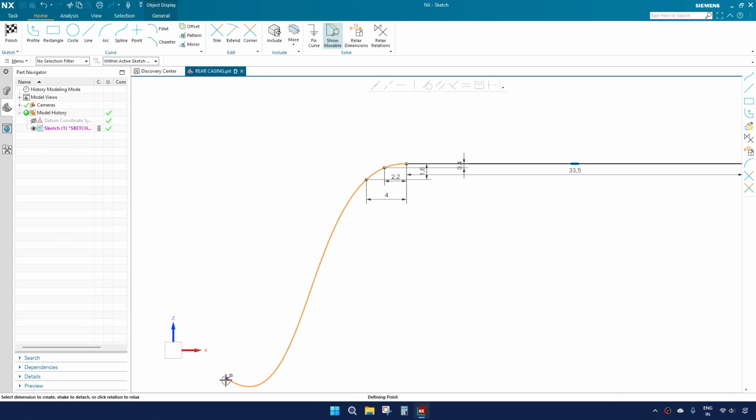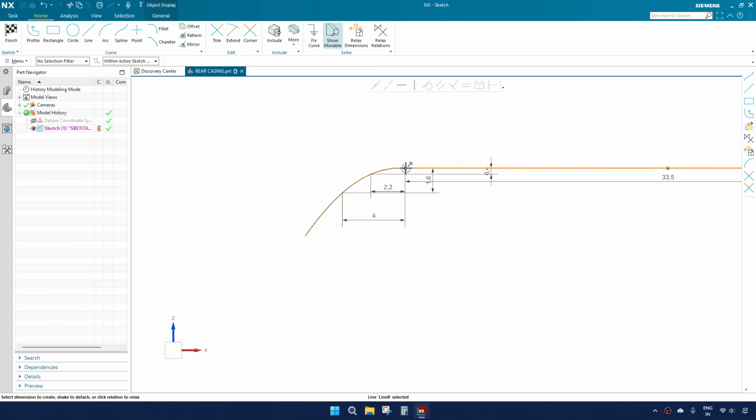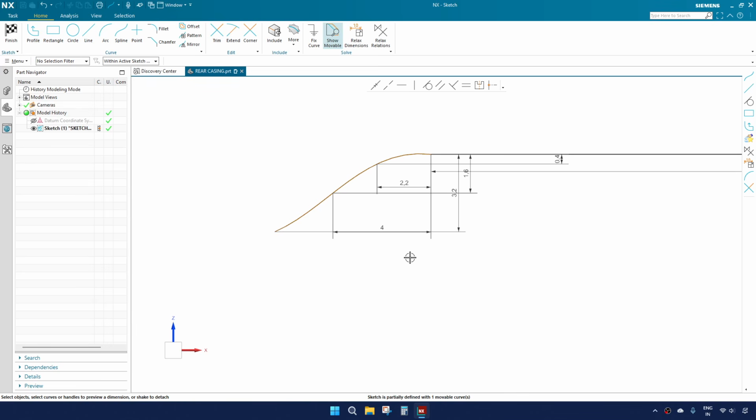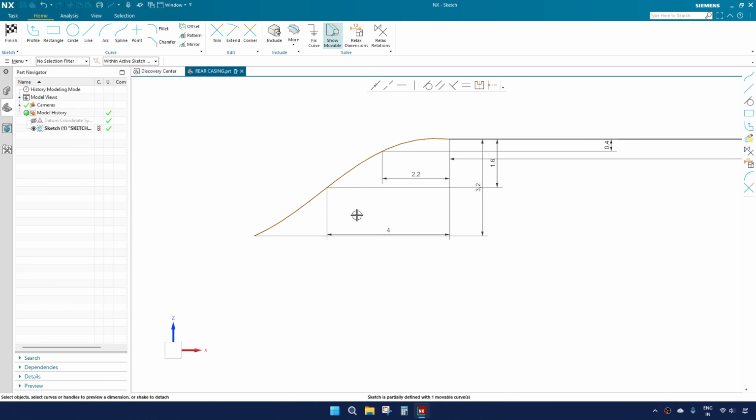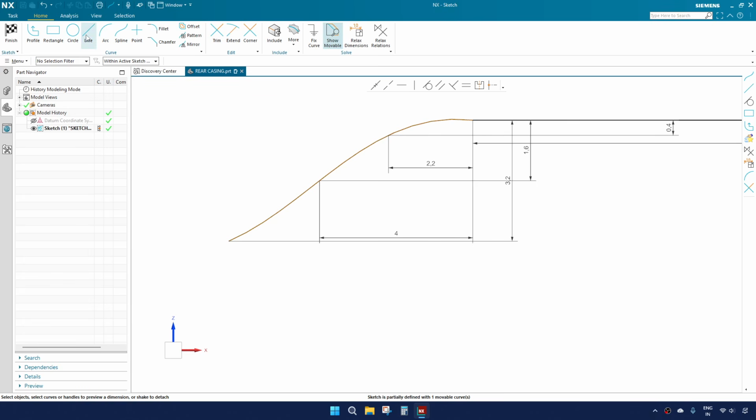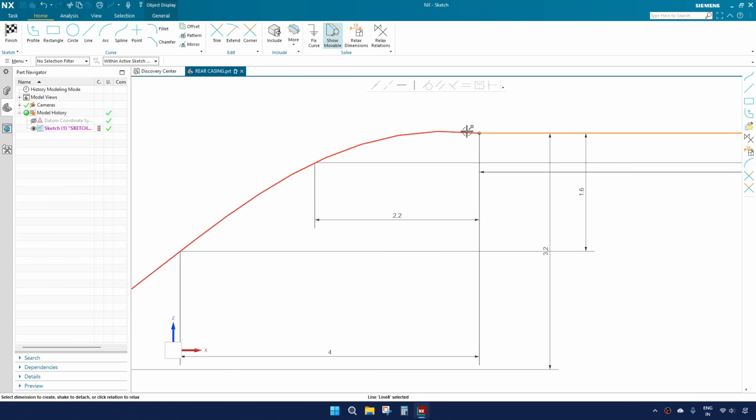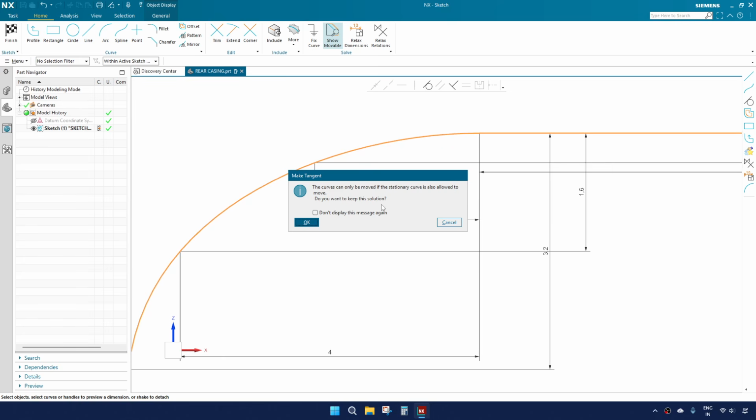The last point, vertical dimension is 3.2. Drawing line. This and this should be tangential.